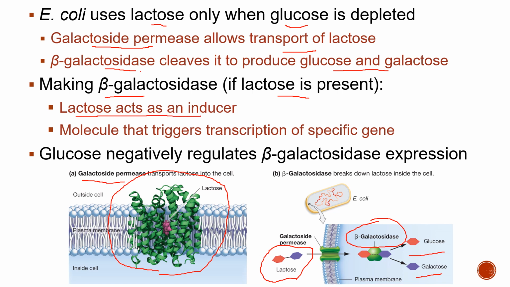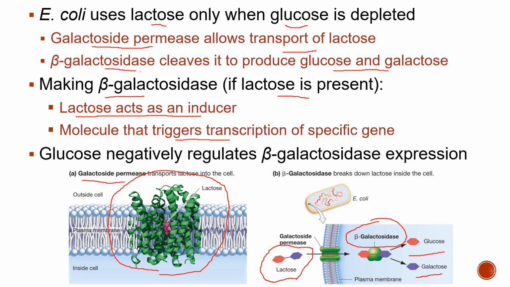And as we'll see here in a minute, inducers trigger transcription by removing a repressor. So again, a repressor would be bound, but if lactose is present, it binds to the repressor, gets it off of the operator, and allows transcription of the genes.